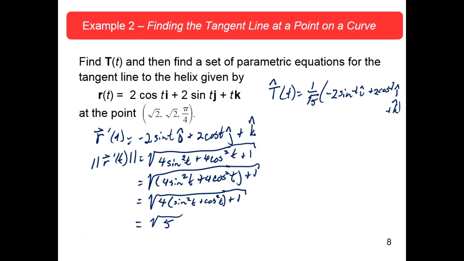All right. Now let's plug in, whoa. They say at the point square root of 2, square root of 2, pi fourths. Sort of a strange way to give it. Usually you would think they give you the value t. But they give you this point. Well, what's something you can pick off this point pretty straightforwardly?